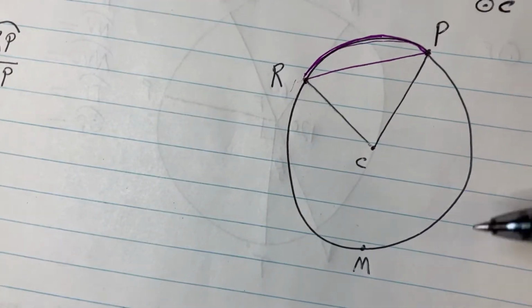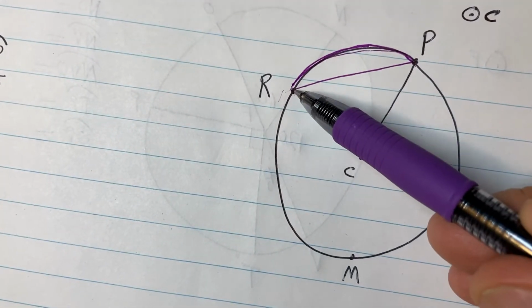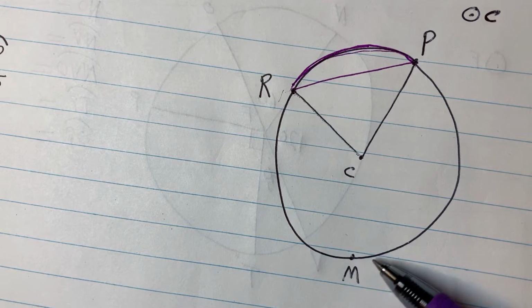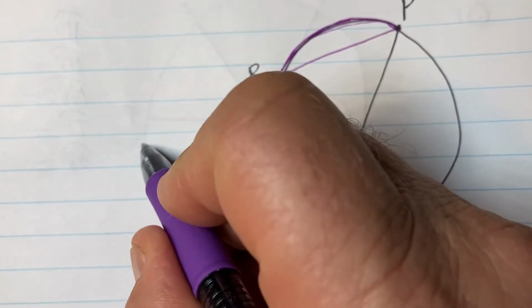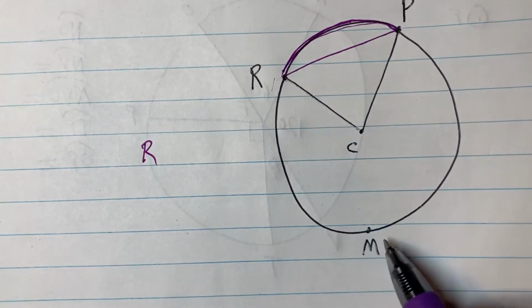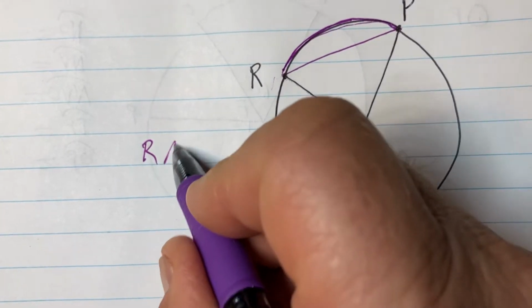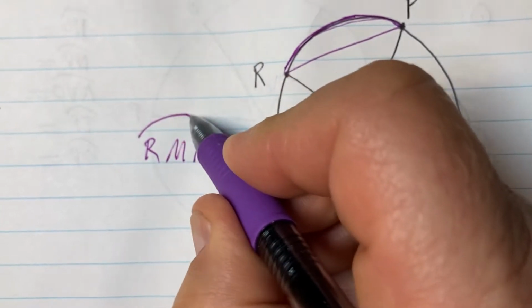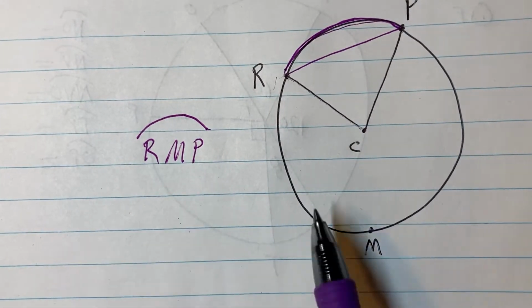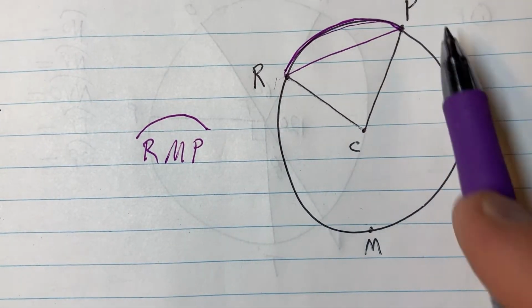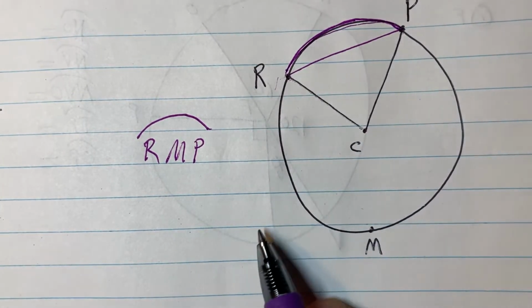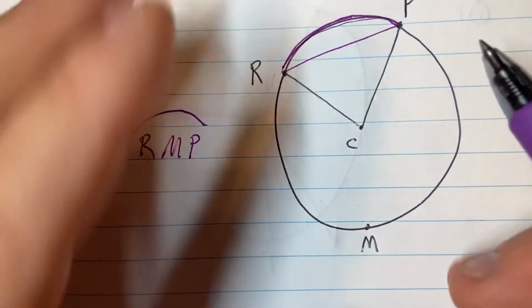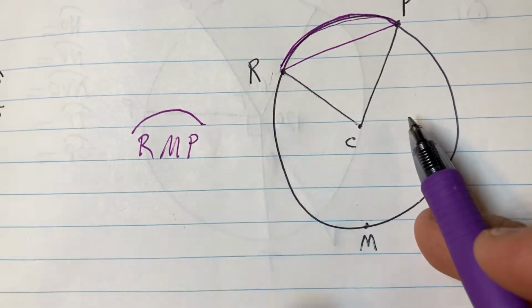So if I want to measure from R to M to P, I would say arc RMP, from R through point M to point P. That's going to be a major arc, more than 180 degrees. Major arc is more than 180. Minor arc is less than 180.